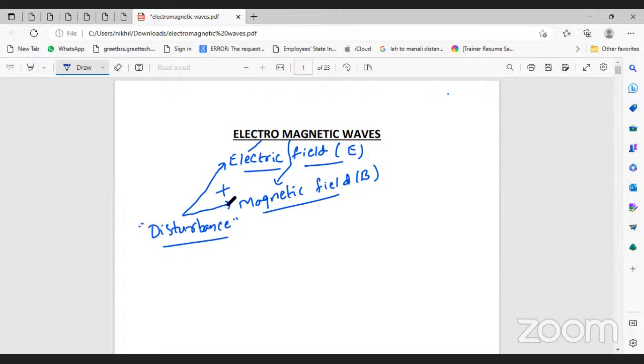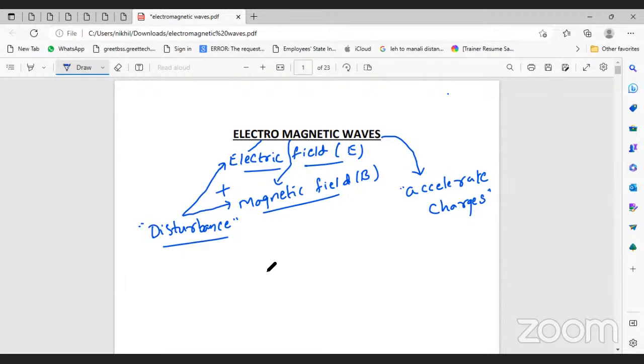electromagnetic waves. In order to set up electromagnetic waves, you have to accelerate the charges. So to create the electromagnetic waves, the charge should get accelerated.